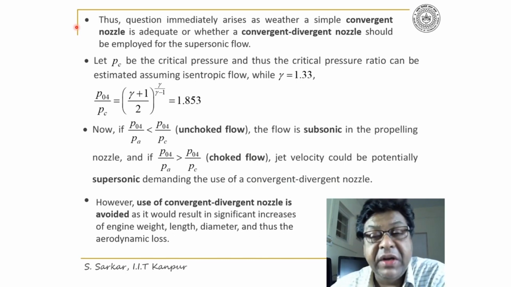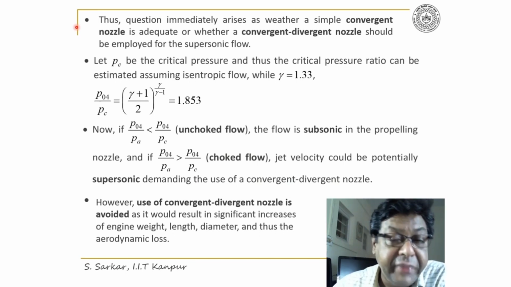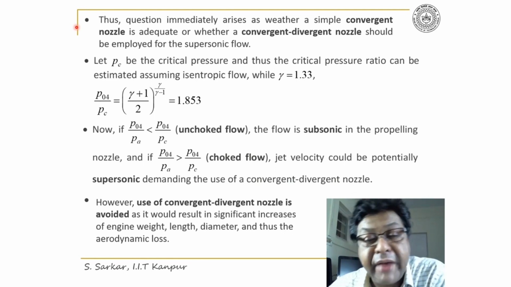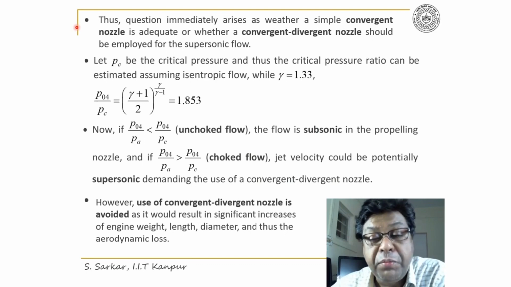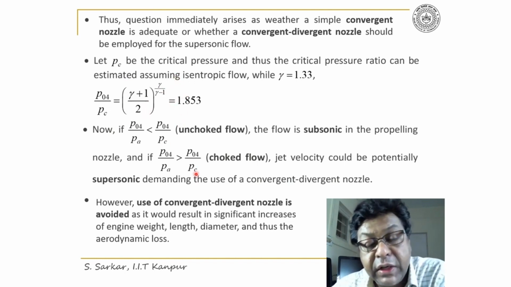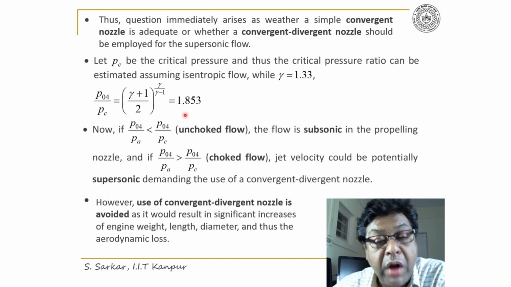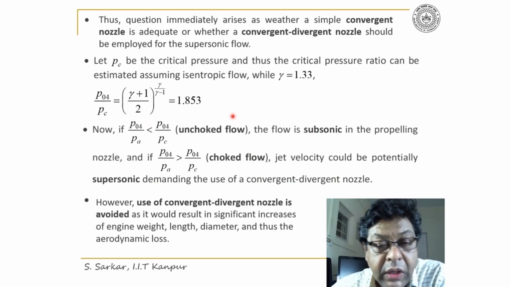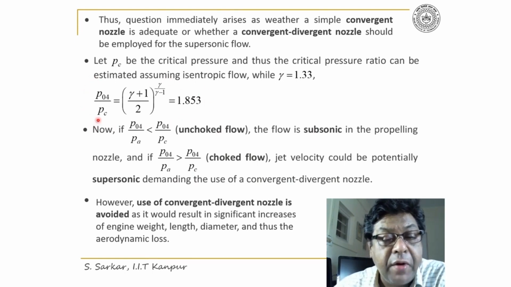The critical pressure ratio can be estimated assuming isentropic flow, with gamma being 1.33, as P04/Pc = ((gamma + 1)/2)^(gamma/(gamma - 1)), which leads to 1.853. So this relation will give me the value of the critical pressure.